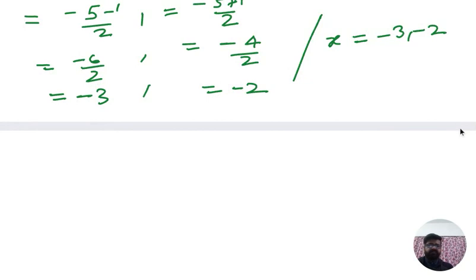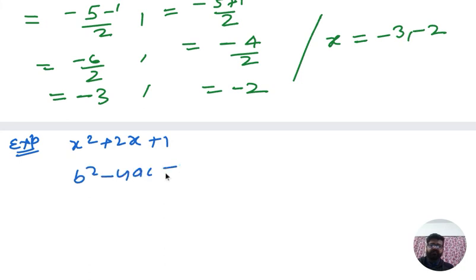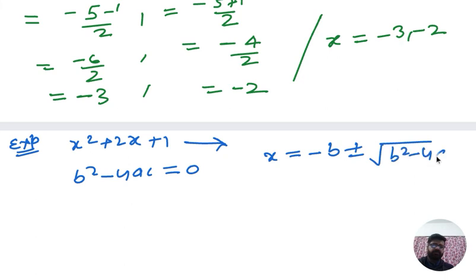And there is another equation, for example, x square plus 2x plus 1. When you solve, you will find that b square minus 4ac will be 0. And when you solve this equation, we will find the roots by putting in this formula minus b plus minus under root b square minus 4ac divided by 2a.